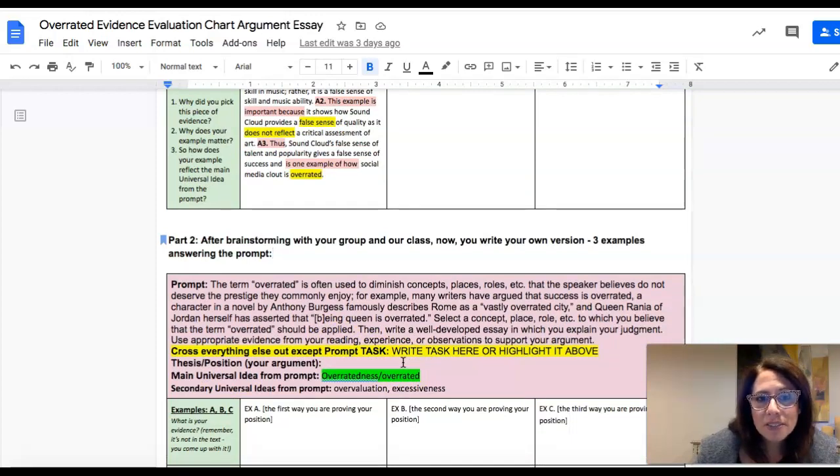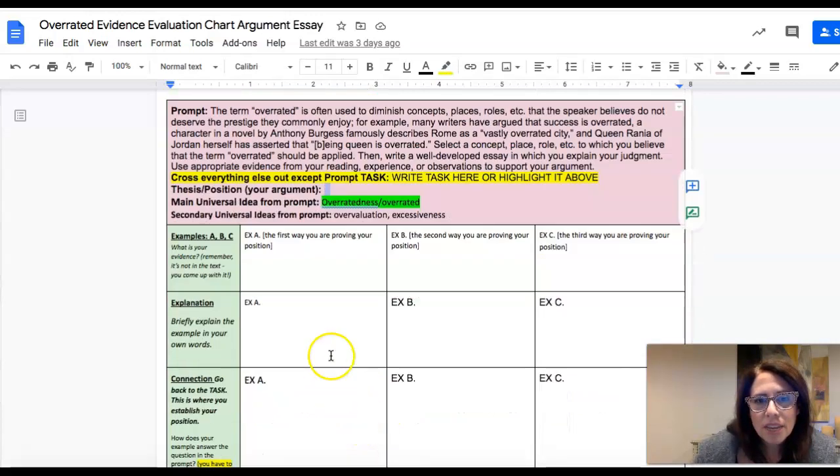So the task is still think of a concept, a place, or a role that you feel is overrated. Okay, so in your head, think overratedness, overvalued, excessiveness, right? You get to come up with a thesis this time. So you choose what is overrated. And that's your thesis.